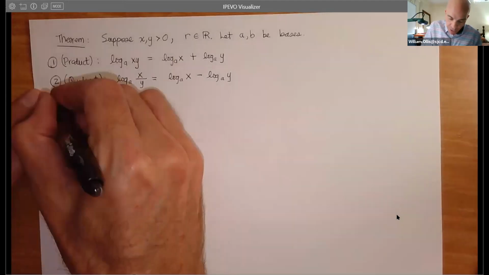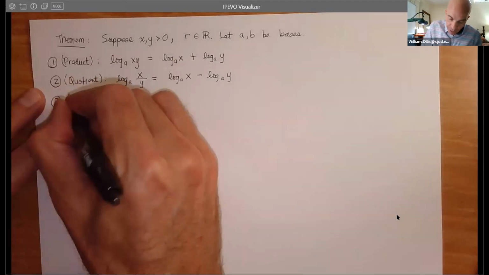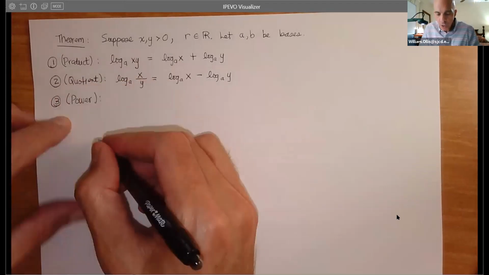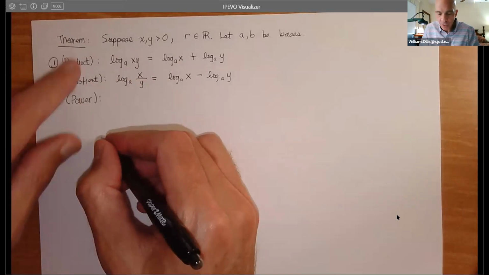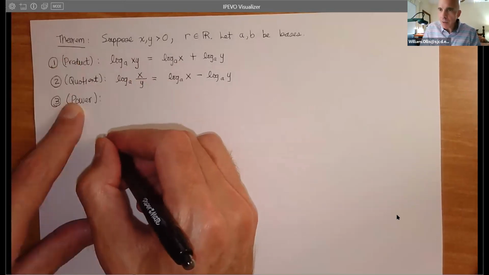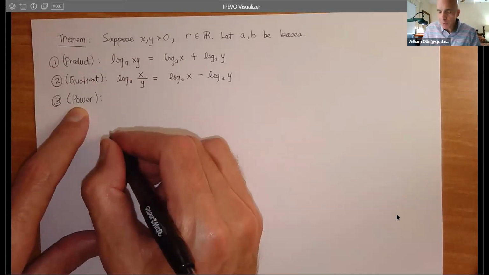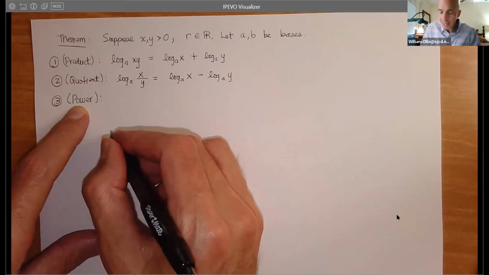And the third one, which is actually one of the most important, is called the power rule. When you get to calculus, you'll have differentiation theorems that use these descriptions. And so you're going to have to really be careful what you mean by power rule. Are you talking about derivatives, or are you talking about a logarithm identity?